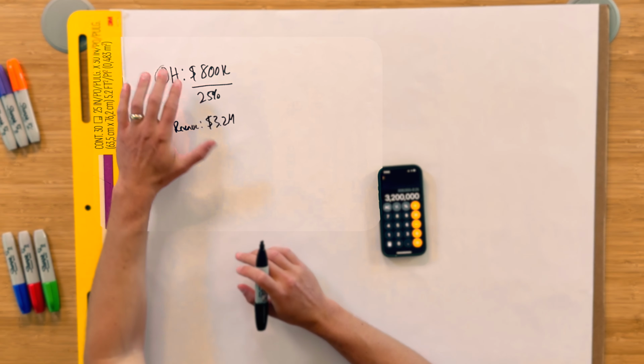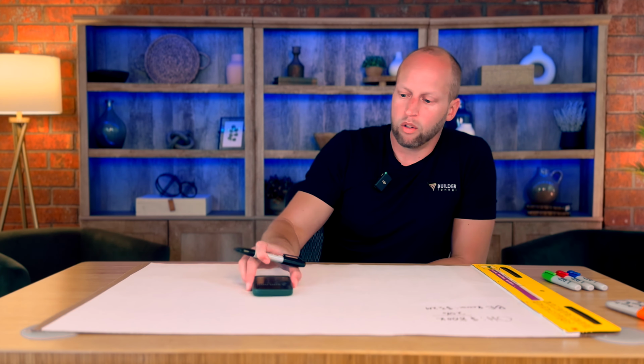So if your overhead is 800,000, all the way up till 3.2 million, we are breaking even. We are not making money. We are losing money up to this point, and then everything past that is where we start to make money. So it's important that we get past that number.